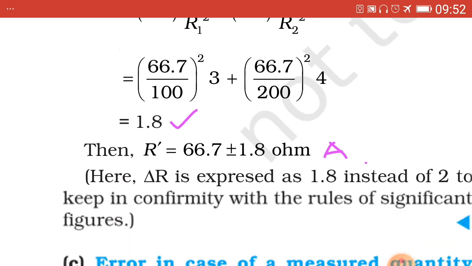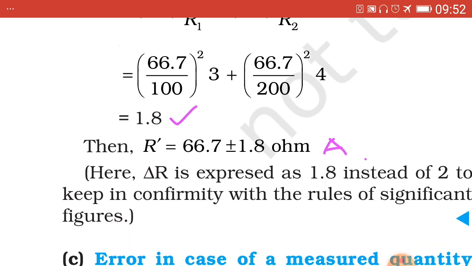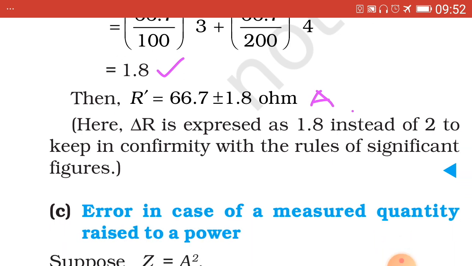On simplifying we get delta R dash equal to 1.8, which has been tick marked. Hence R dash, the equivalent resistance in terms of absolute error, can be expressed as R dash equal to 66.7 plus minus 1.8 ohm, which is the final answer.